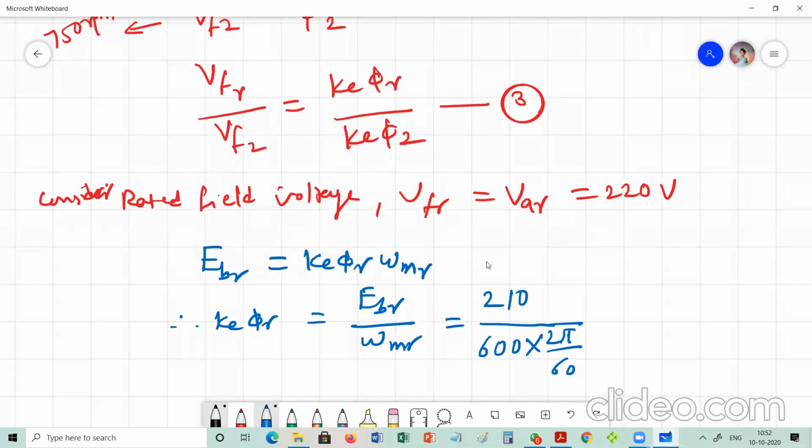So it is equal to 210 divided by, 60 ones are 60, tens are 20 pi.